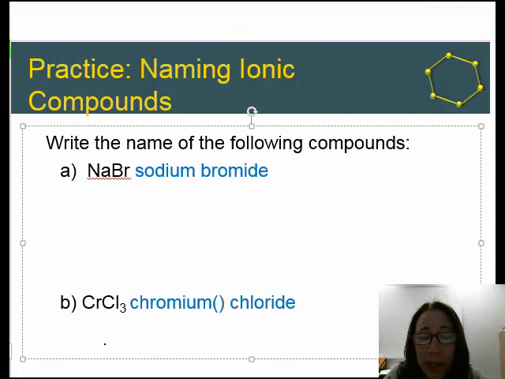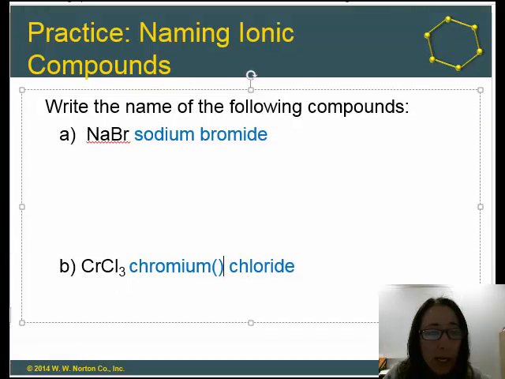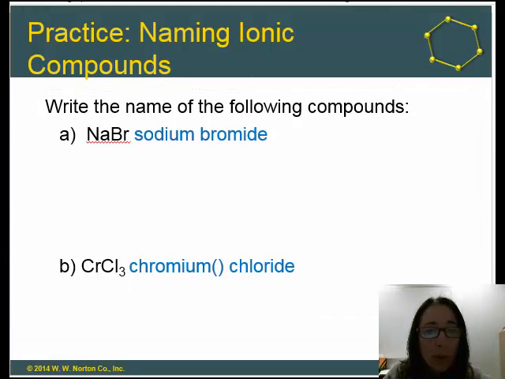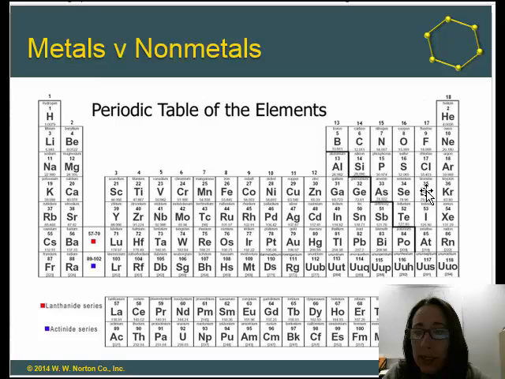So the way to do that is look at the charge of the anions, the total charge of the anions, because whatever the charge is of the cation, it's got to cancel out that of the anions. So I look at the periodic table, and I see where chloride is. It's in the halogen family, and all of the monoatomic anions from this family always have a charge of -1.